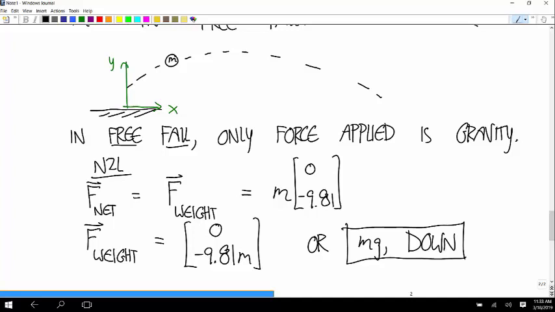The electronics in your scale are based on the assumption that you're going to be basically on the surface of the Earth, and so the constant of proportionality is going to be 9.81. It calculates the force you're applying to the scale, and then applies that constant of proportionality and tells you what your mass would be.